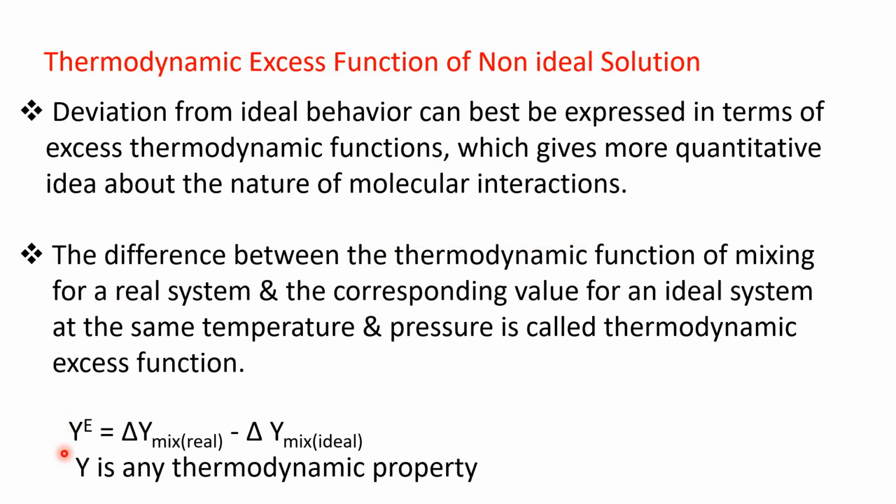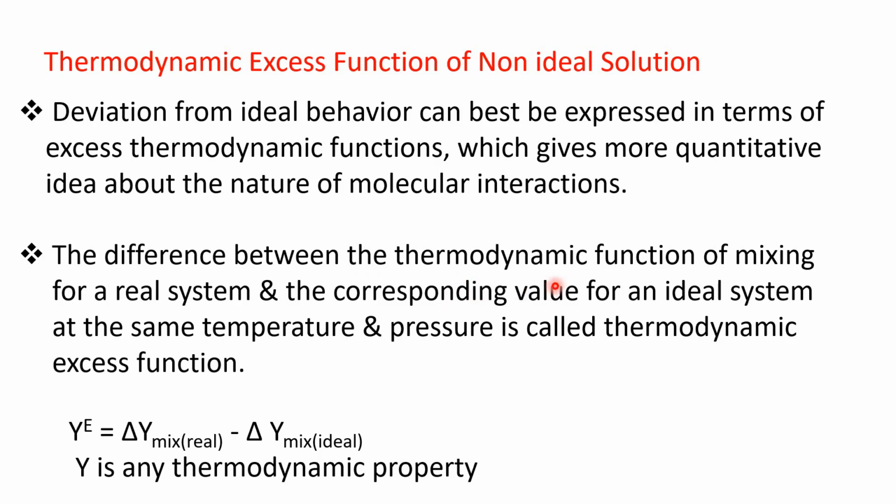Now, excess thermodynamic function. Say Y is a thermodynamic property. The excess thermodynamic property will be denoted by that property with superscript E. Excess thermodynamic property Y is the difference between the change of that property during mixing while preparing the real solution, and the change of the property during mixing while preparing the ideal solution, at the same temperature and pressure.